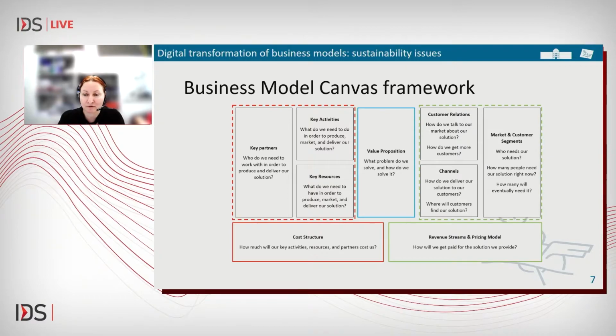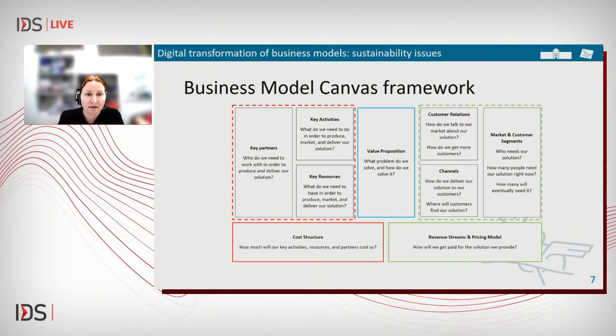When preparing a business model, companies should first answer the question: what problem do we solve and how do we solve it? Then we have the cost side on the right side, and the revenue side on the left side. The four building blocks in red are for the cost side.